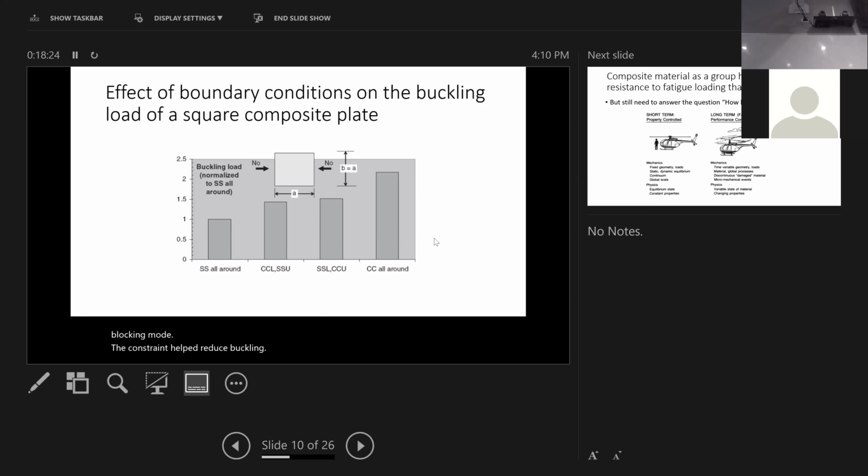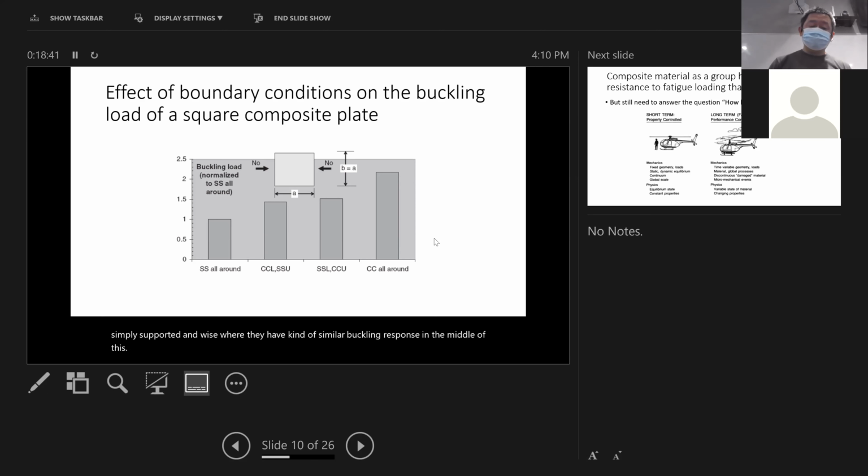And then you have the mixed situation in the middle. For one case, you have one pair of sides clamped and the other pair simply supported, and vice versa. They have a similar buckling response in the middle.